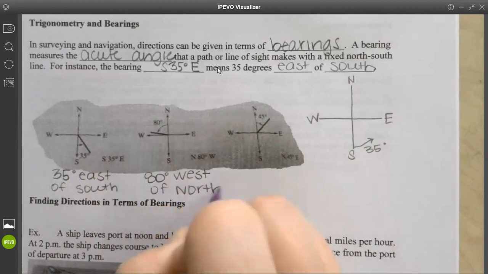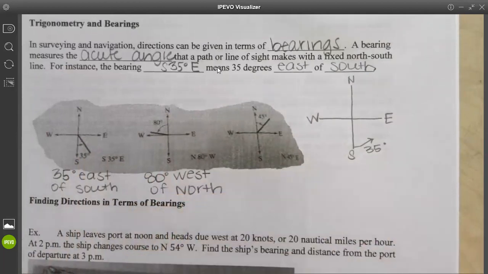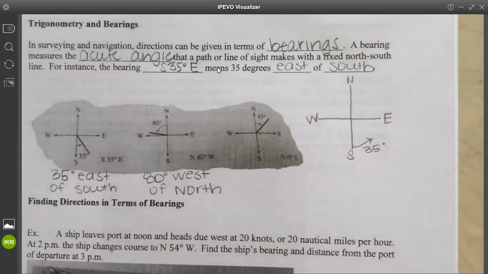Why would they not just write it like southeast? I don't know why they don't do that, but they don't when they're talking about bearings. I guess so they know what position they're coming from and which direction they're going. Okay, I was thinking about a compass. So it's a little bit different than just having a compass or latitude and longitude. It's just how you're going.